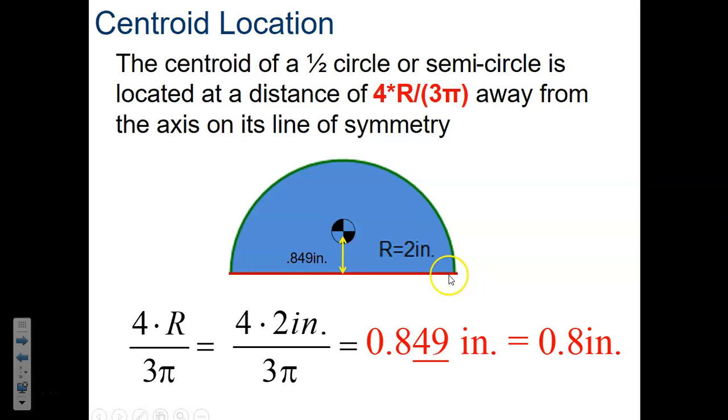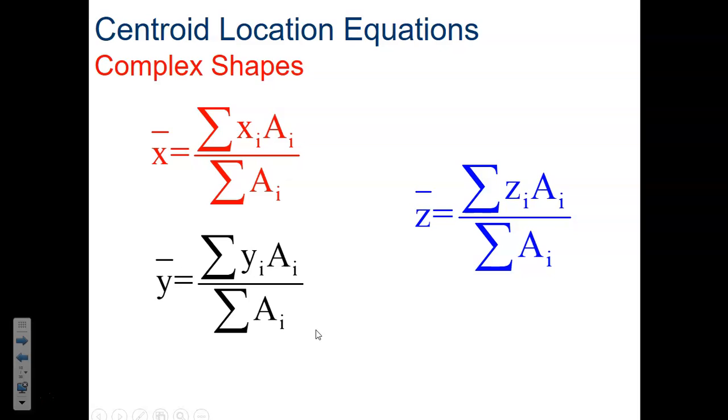That would be the diameter. And then the centroid in the y direction here, which could be x if they flip this on its side, is 4r divided by 3 pi. Okay, and so in this case, that is the distance here. So it's 2 inches over and 0.8 inches up. Again, make sure that you're using the radius here, not the diameter.